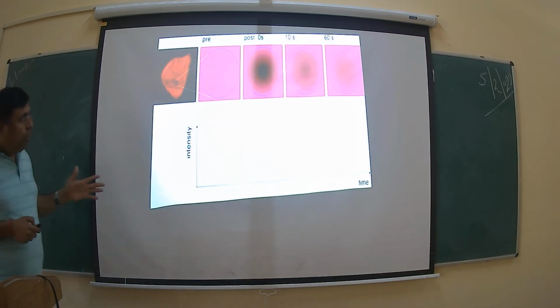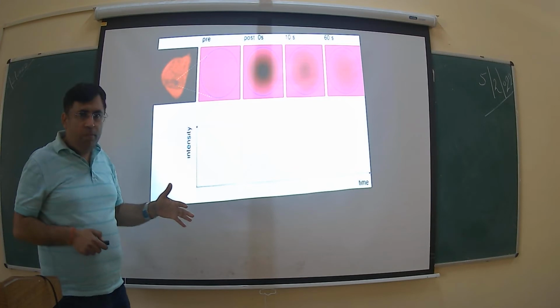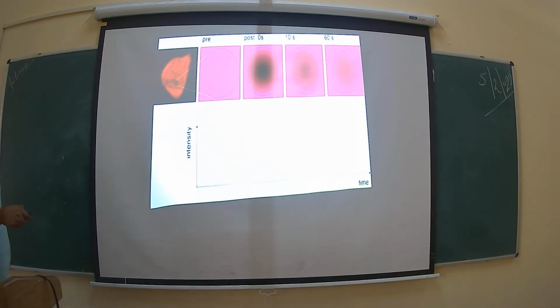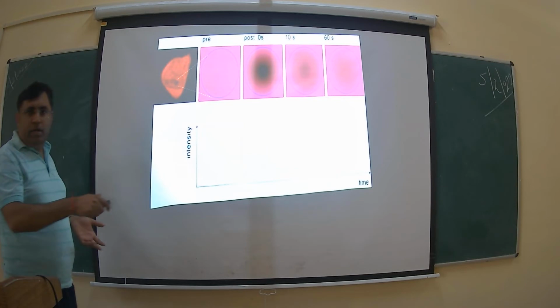Now what we do, we make a graph of this. This graph is intensity versus time. Let's say at a certain time there was a fluorescent signal. As soon as you do the photo bleaching, the fluorescence will immediately drop because no fluorescent signal is getting emitted, and after a certain time it will recover.